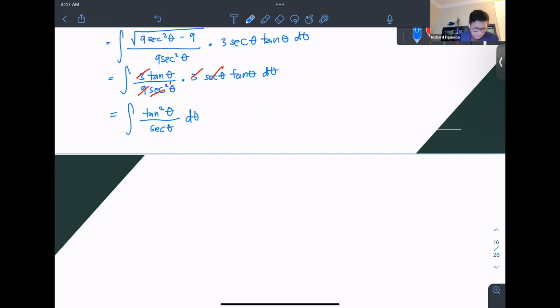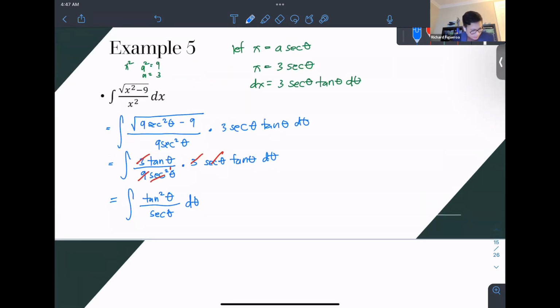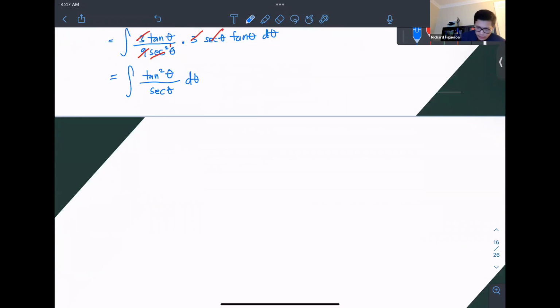So what are we going to do then? Okay, so this is not a direct transformation approach, because it's not a product of tangent and secant, but a division of tangent and secant. So what we'll be doing is we use the identity.